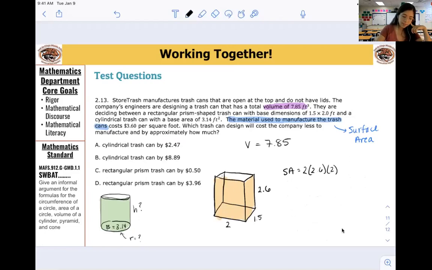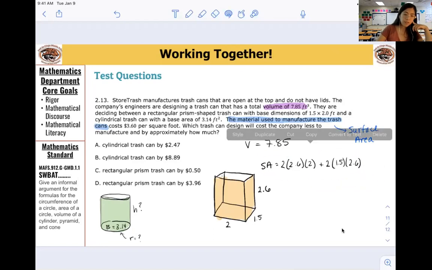The 2 sides is going to be 2 times 1.5 times 2.6. Now I just need the bottom. The bottom's going to be 2 times 1.5.